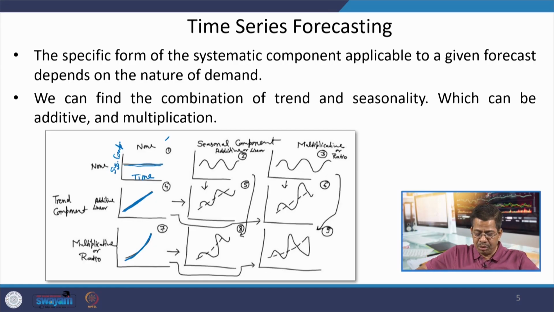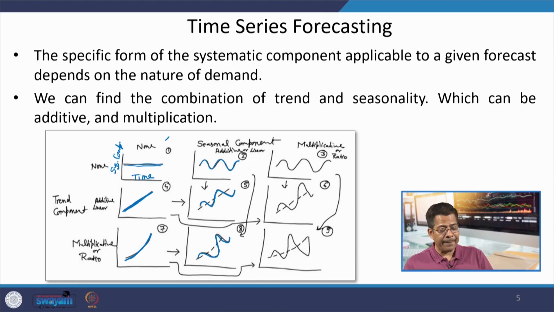So, diagram 2, diagram 5 and diagram 8 are linear seasonal components with no trend, additive trend and multiplicative trend respectively, and the shapes of the systematic components are given here, like this is the shape, which you can see in blue color.